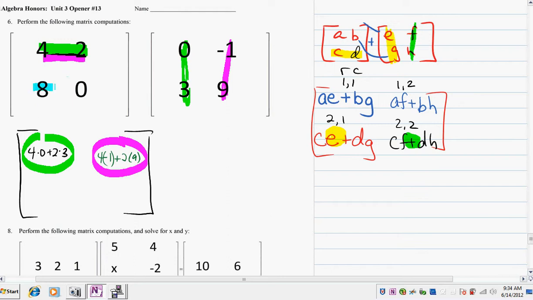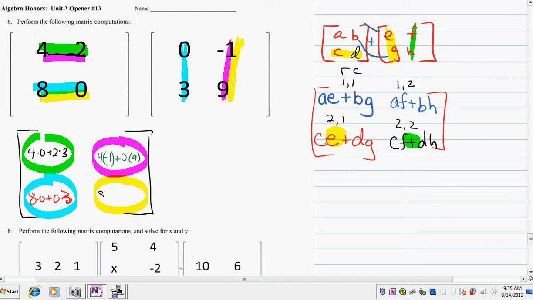Continuing, I multiply my second row by my first column, 2, 1, and that goes right there in 2, 1. And so that is 8 times 0 plus 0 times 3. And lastly, I multiply my second by my second to give me my position in 2, 2.